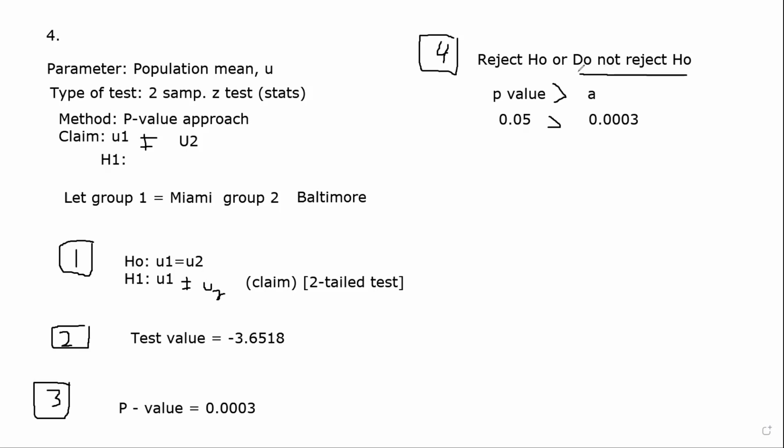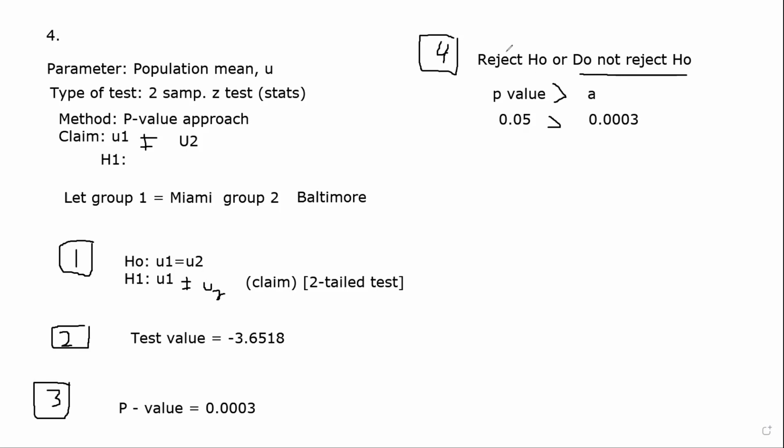Wait, aren't the signs wrong? Because the alpha is greater. Alpha is over here, 0.0003. That's smaller than your p. P is actually larger in this. You're right. So if the p-value were smaller than alpha, if it were going the other way, we would reject the null hypothesis.